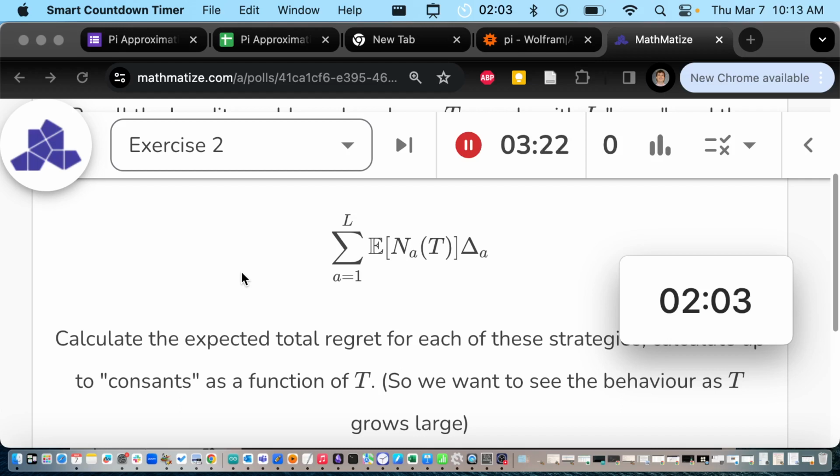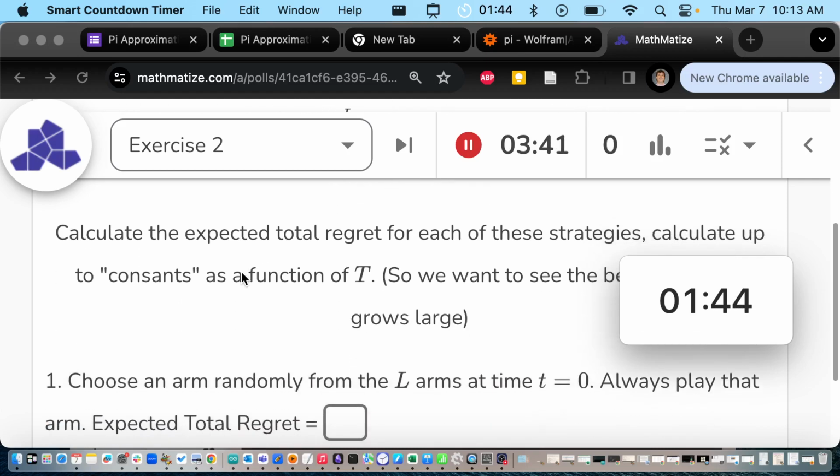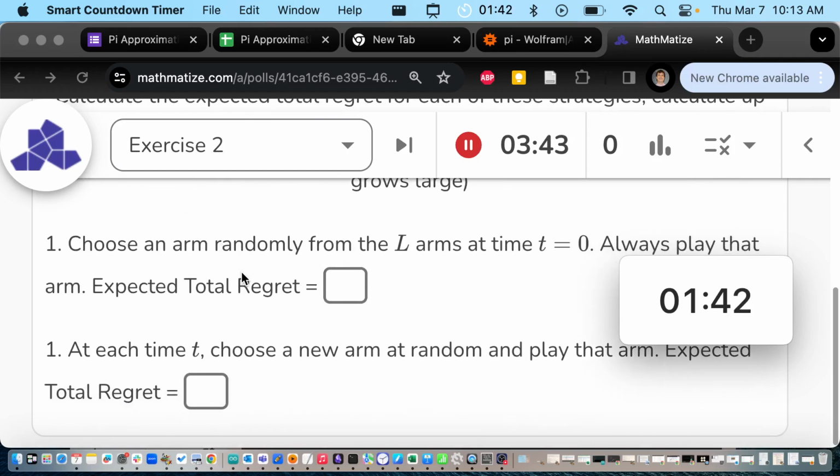But then the second one, you're going to be picking randomly here, you choose each one T over L times.